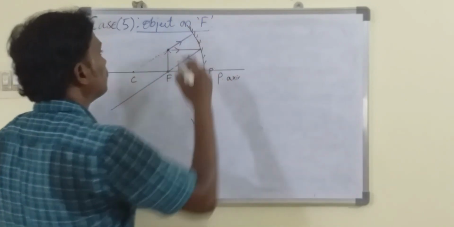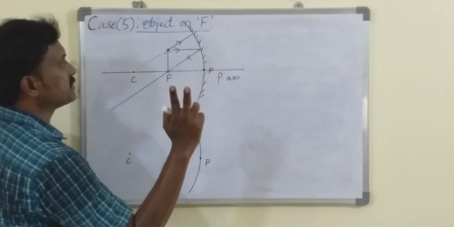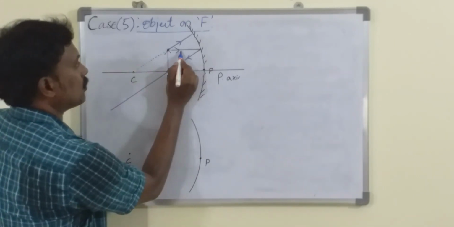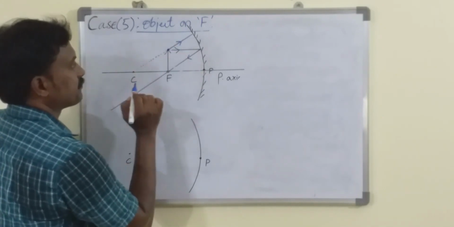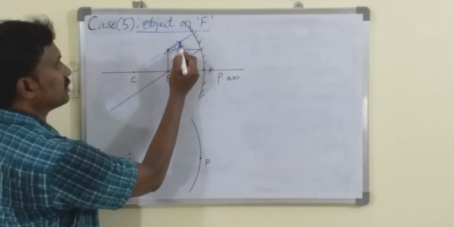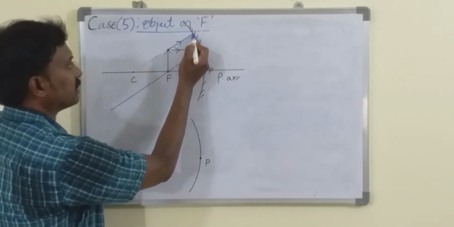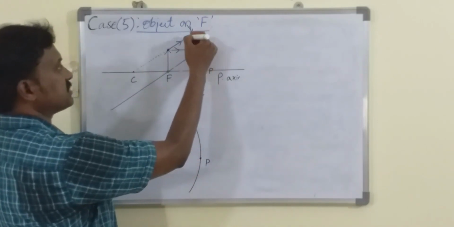Now, from this particular point, two incident light rays. One is this and the second one is this. Two incident light rays. This incident light is reflected like this. Now coming to the second light ray, how is it reflected? It retraces its path. Why?